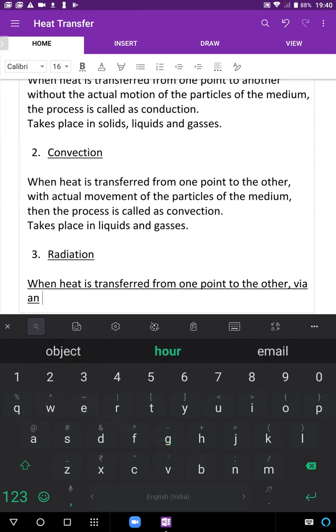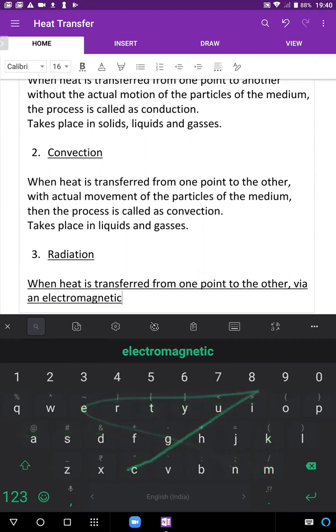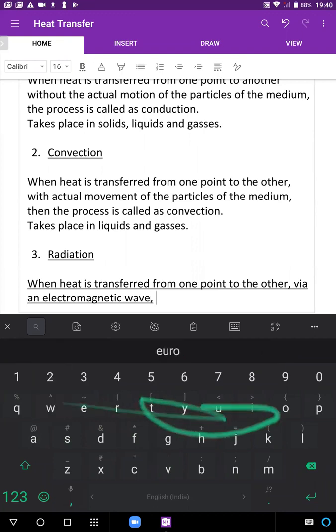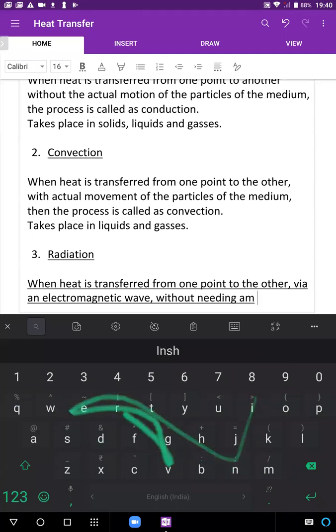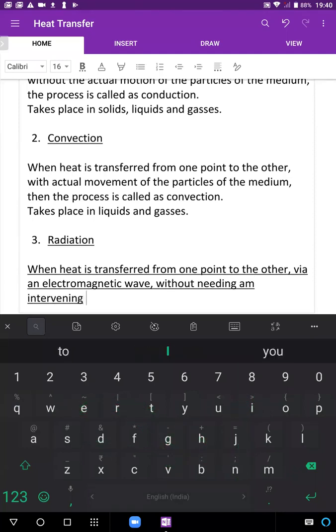Okay, that's a fancy word for light. Light is an electromagnetic wave. So via an electromagnetic wave, without needing an intervening medium, without needing anyone in the middle to transfer it. Okay? That process is called radiation.